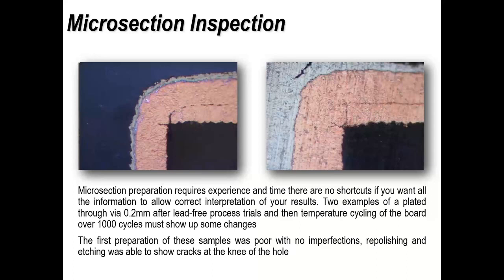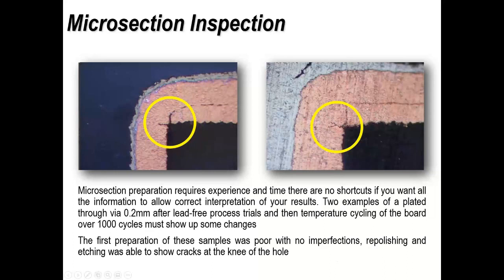So what you're trying to do when you do evaluations is get a reference point of what's good and bad, what's better, and this is great because you can see the evidence. But please, if you don't prepare the microsections properly, then you won't get any information. And I'm not saying these are perfect, as I said, but they're a lot better than the first ones I was given.